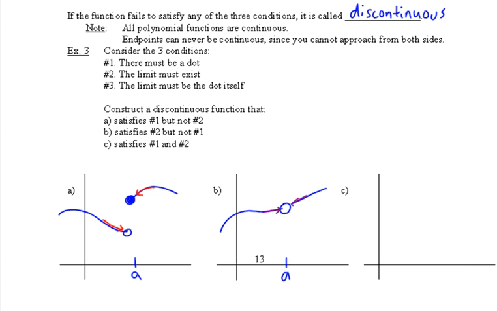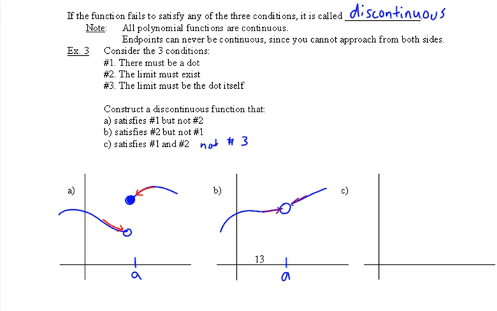Okay, and the last one says satisfies 1 and 2, but not 3. So the limit exists, there's a dot that exists, but the limit doesn't equal the dot. How could we draw that? Anyone want to try it?